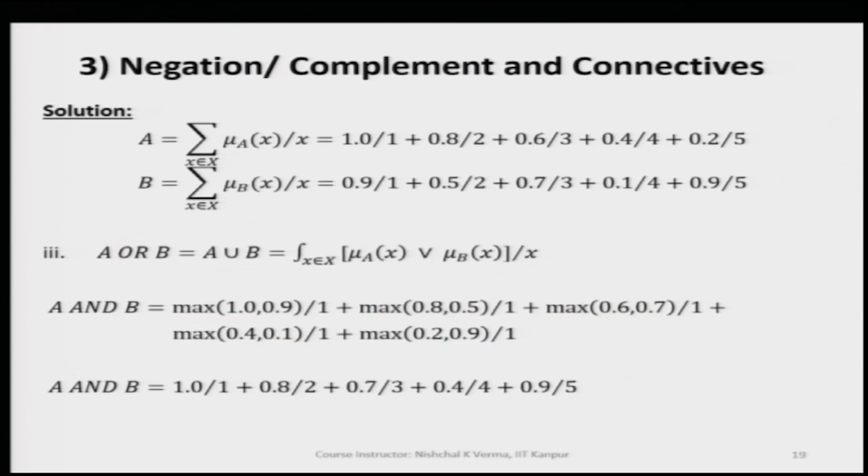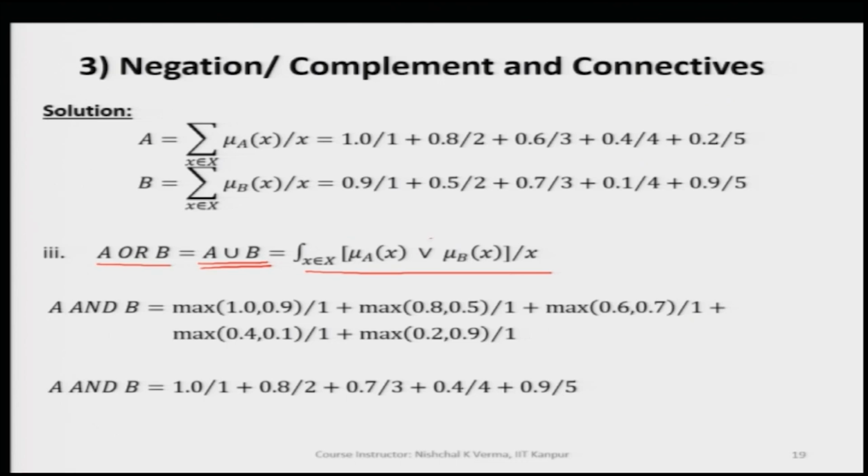Now, if we use OR, OR can also be managed very quickly. When we have two fuzzy sets and we have to make a new fuzzy set by ORing both the sets, A union B gives us A or B, and here we use the max sign as the basic union.